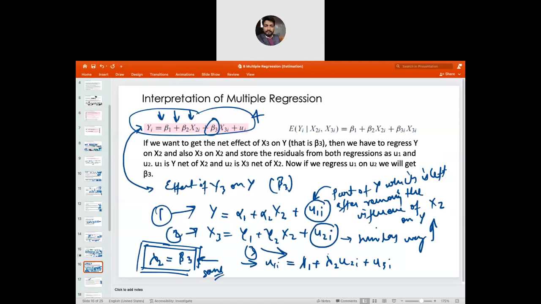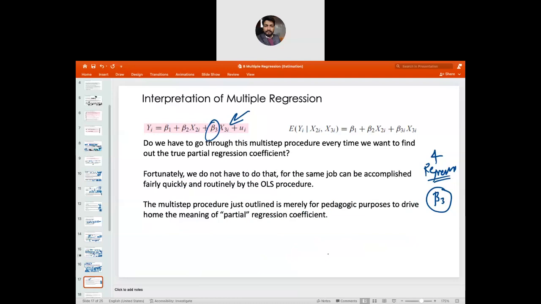We don't have to go through this multi-step procedure because this OLS procedure does exactly the same. You can simply run this regression y equals beta 1 plus beta 2 x2 plus beta 3 x3 plus ui, and you would directly get the partial regression coefficient beta 3. And this is true for beta 2 also. You can do these 4 regressions the other way around also, and you will get beta 2 in the same way, right?